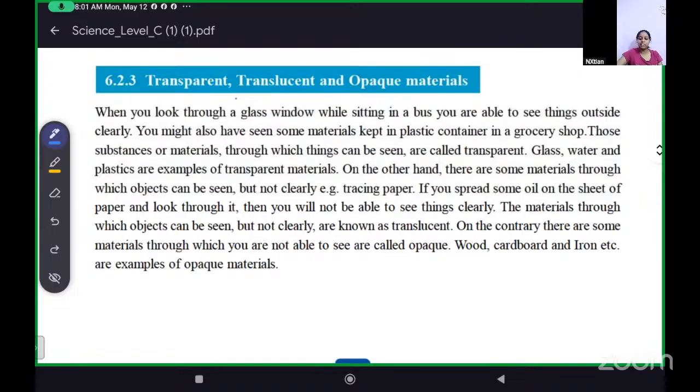Then there are materials known as translucent materials. Translucent materials are not completely transparent but not completely opaque either. If you've seen hotel bathrooms, the shower gates are made of translucent glass.